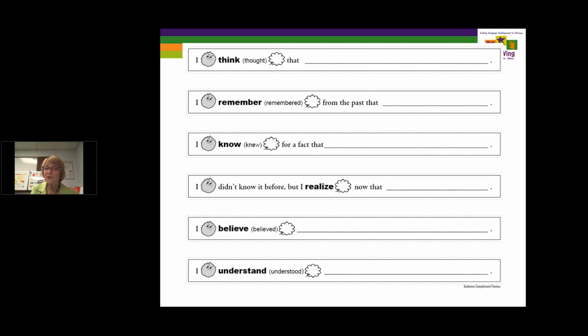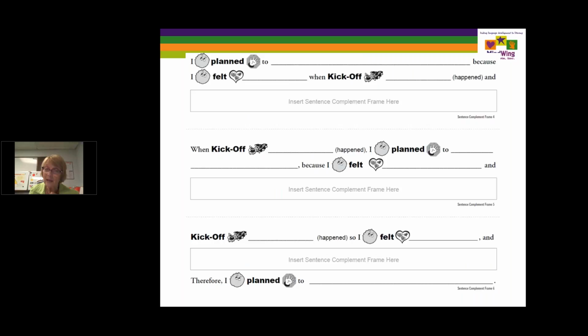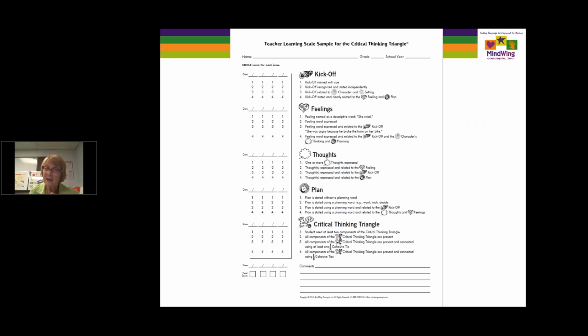And it's not enough to know the word think or remember or know. You have to be able to know that a character does such and such. The line there represents what the character, either you or the other character, has in his or her head. In other words, what the thought is. So it's very important to really be able to put them into sentences.